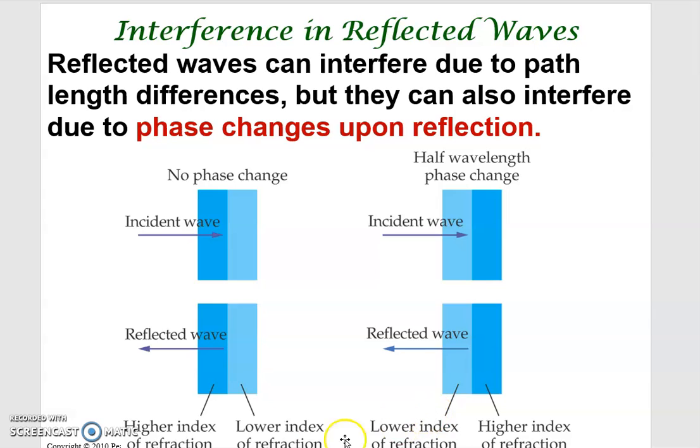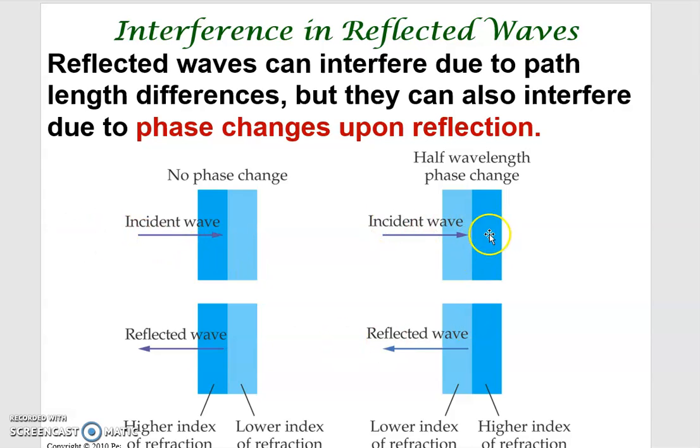And we already studied this phenomenon before in chapter 14. From a higher index of refraction to a lower index of refraction, you can consider this as the free end. And with a high index of refraction, it is the fixed end. Do you remember that when the wave hits the free end, the reflected wave will be in the same phase as the original one?